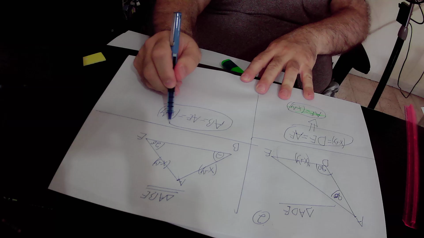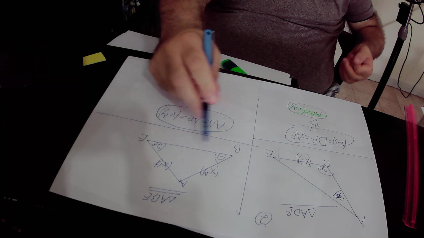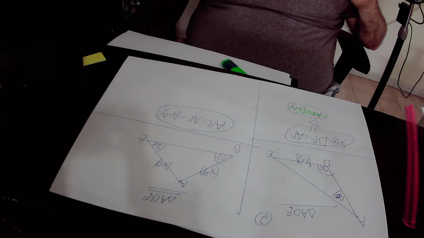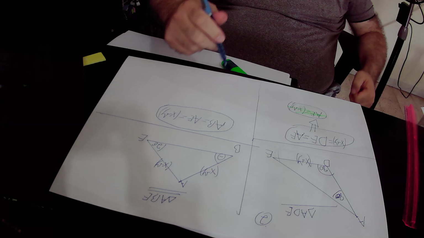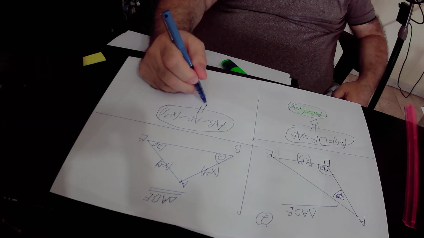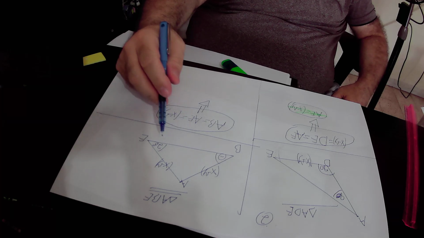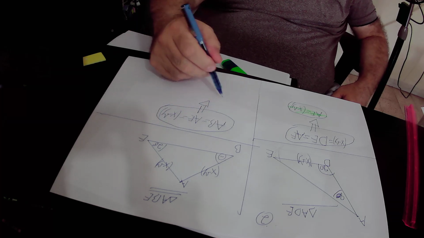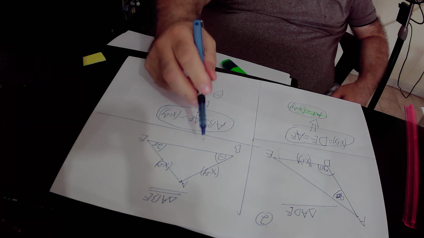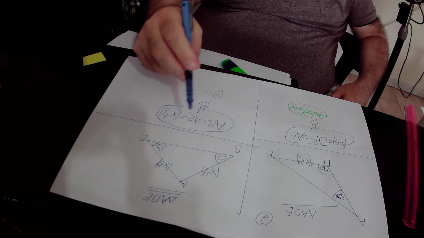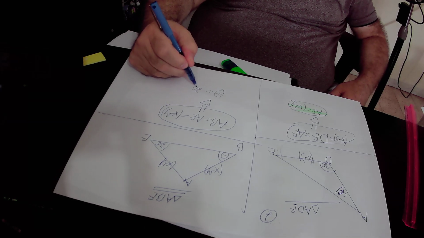So in triangle ABE, AB equals AE, and we have the rule that in front of equal sides in the triangle there are equal angles. That is to say, in front of side AE, we have angle theta, and in front of side AB, we have this angle that is equal to 20 degrees.